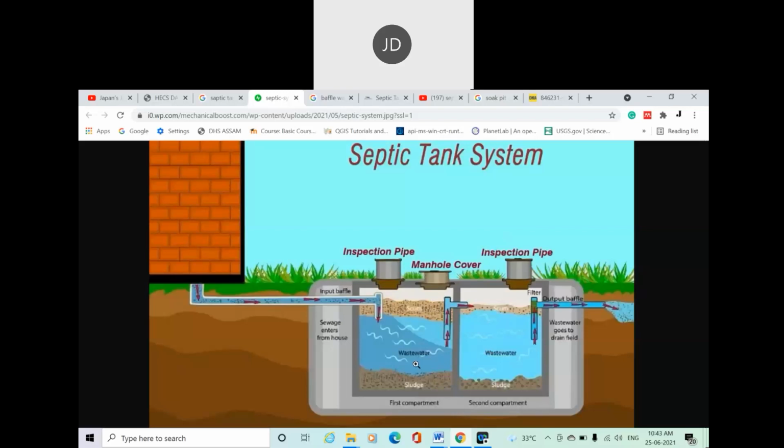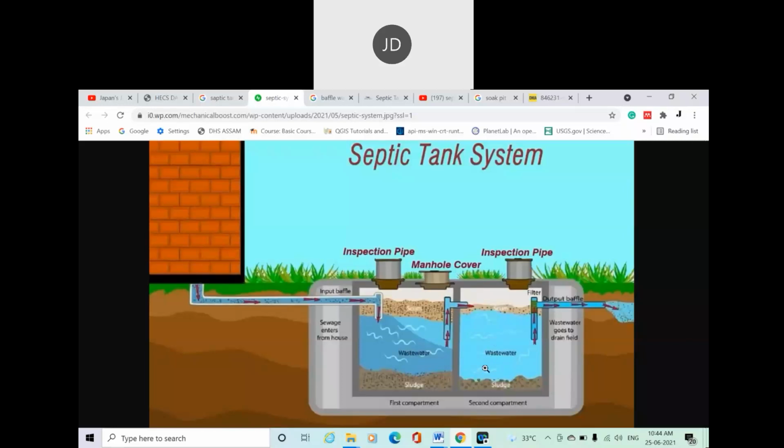This diagram is not properly designed, I will show a different diagram. Anyway, the water from the first chamber will next go to a second chamber, and that water may again contain different waste matter, which may fall down here. The maximum waste will settle in the first chamber only.